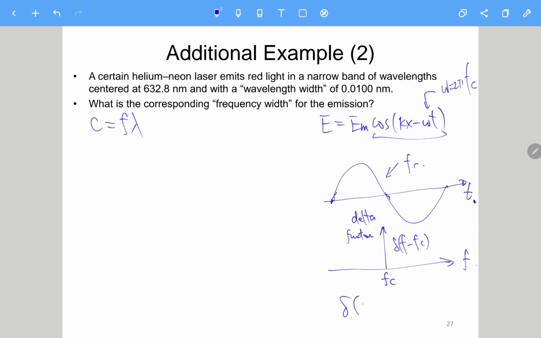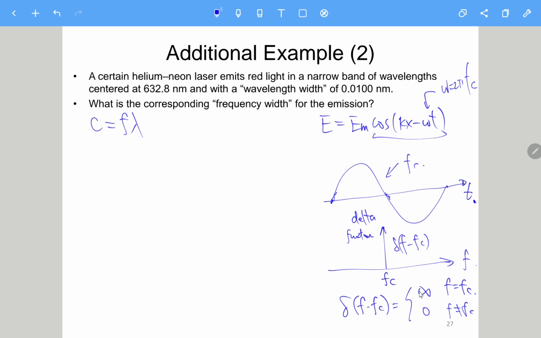Delta(f minus fc) means this is infinity when f is equal to fc, and it is 0 when f is not equal to fc. So it only consists of the component at fc.